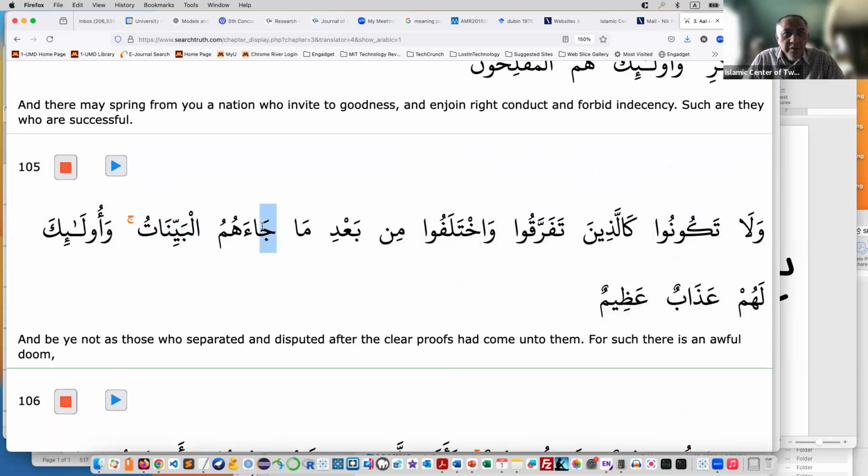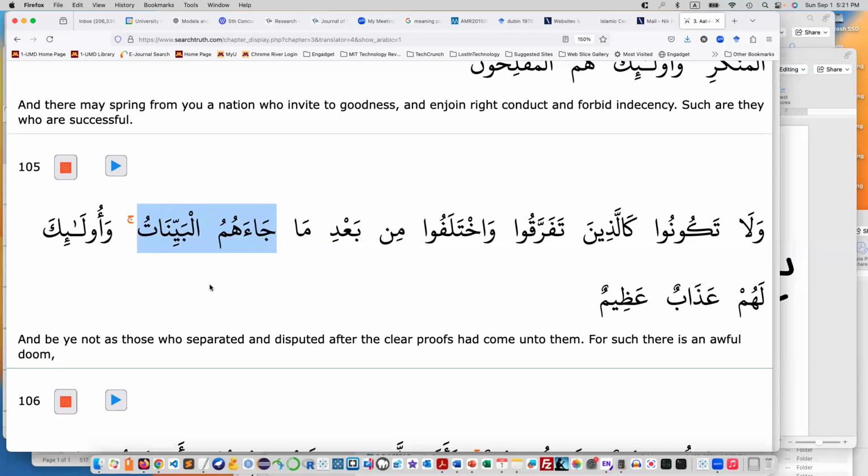But this time I'm gonna put two words together. This word and then this word. Okay, go ahead, give it a go. Ja'ahumu. Ja'ahumu, correct. Then go straight to the next one. So it's ja'a actually.